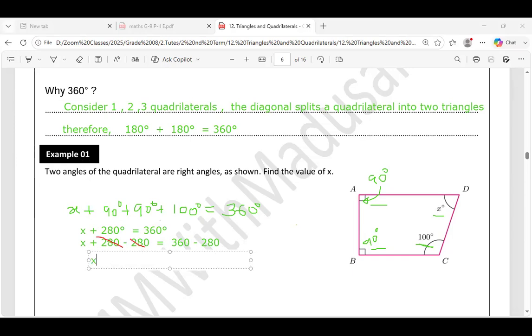Then the value of x is equal to 360 minus 280. What is the value? 80 degrees. So this is the way you are going to do that. Please write this and let's do the rest of the examples as well.